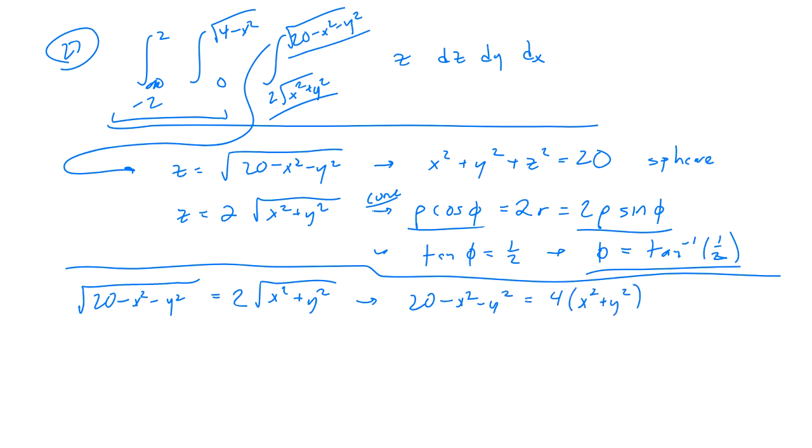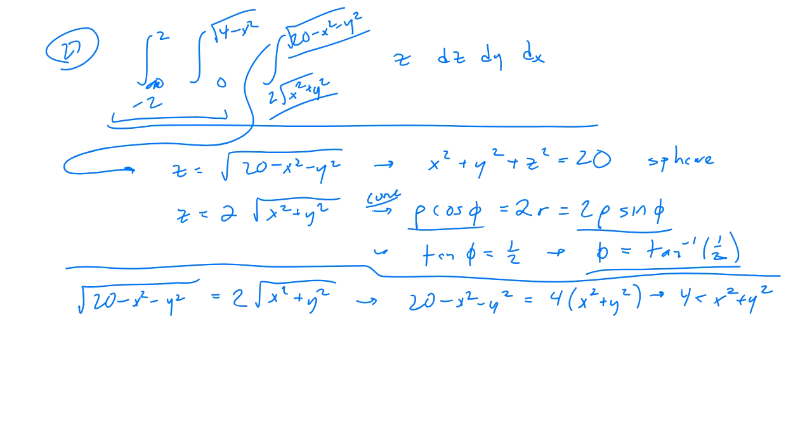I get that. I can then add the x squared plus y squared to the other side to get 5. If I then divide through by the 5, I get the circle of radius 2.